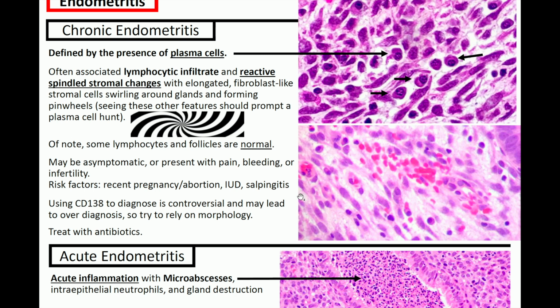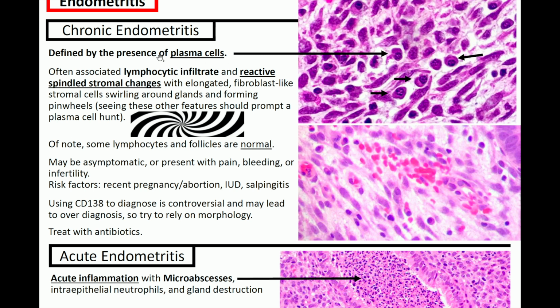Next up, we've got endometritis. So we have chronic and acute endometritis. Chronic endometritis is going to be defined by the presence of plasma cells, often associated with lymphocytic infiltrate and reactive or spindled stromal changes, with elongated fibroblast-like stromal cells swirling around glands and forming pinwheels.